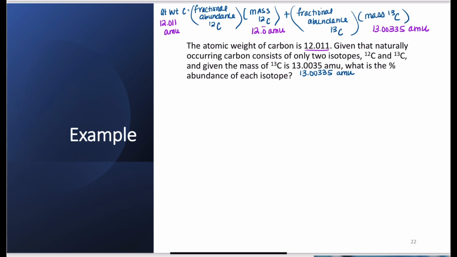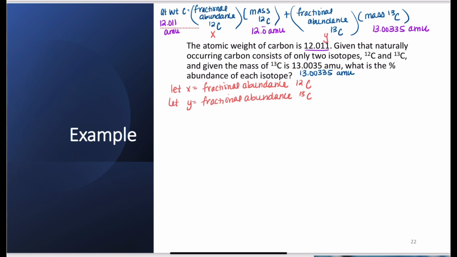Now, I don't know the fractional abundances. I'm going to let this be represented by X and this represented by Y. So again, we're going to let X represent the fractional abundance of carbon-12, and we're going to let Y represent the fractional abundance of carbon-13.